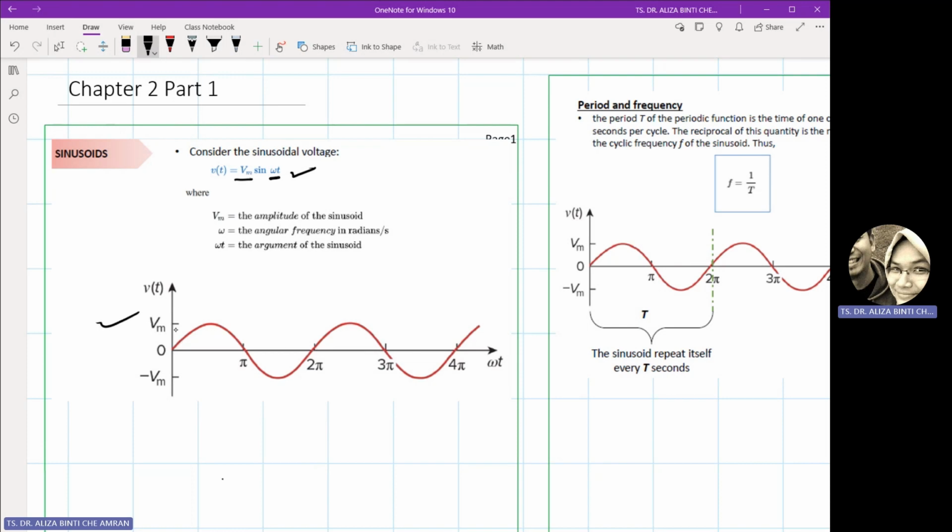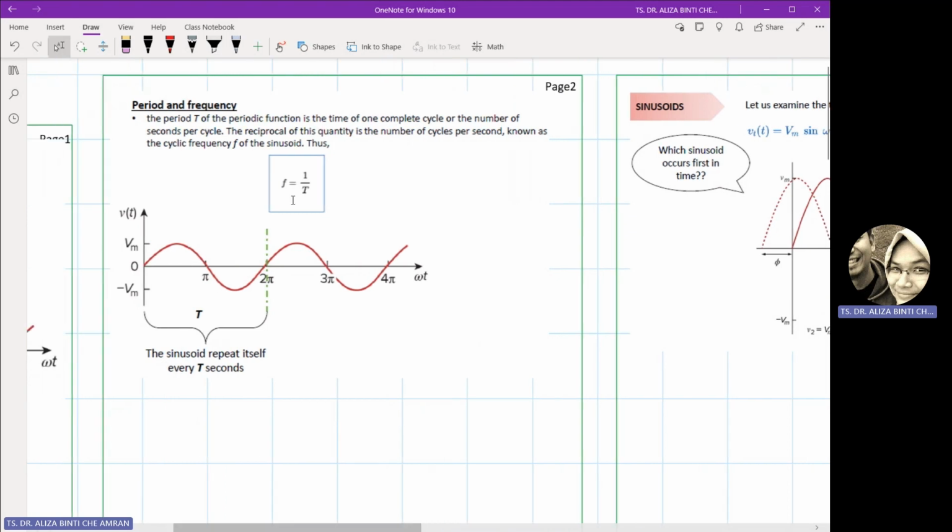You can see that the maximum amplitude here is Vm, and the angular frequency, usually we don't see directly. But how do we know about that? Let's see the next one.